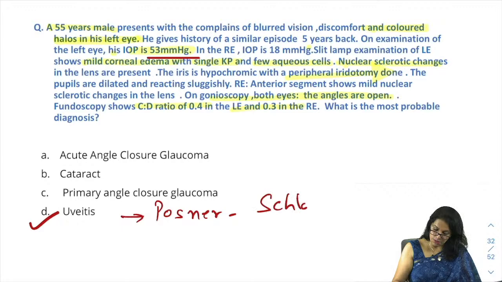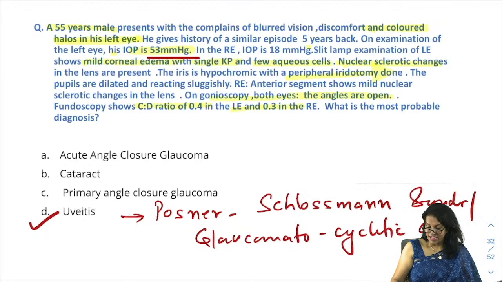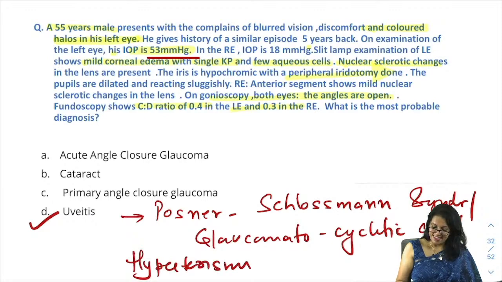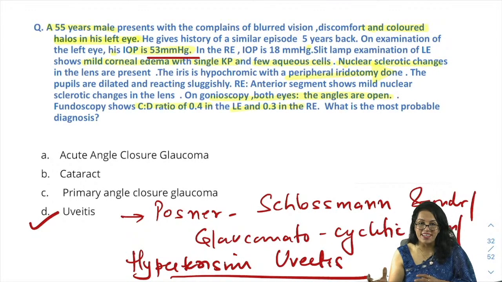Okay? So we are here talking about Posner-Schlossman syndrome, which is also known as glaucomatocyclitic crisis. What is the third name? It can also be called hypertensive uveitis. That is, the uveitis which increases the intraocular pressure. This is not uveitis with hypertension. That is different.